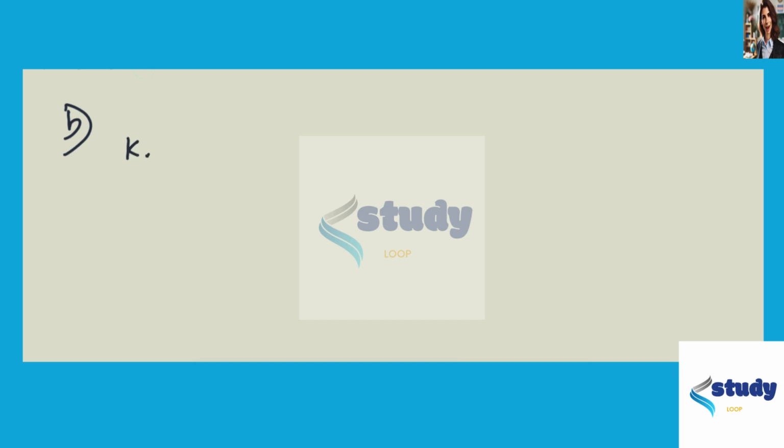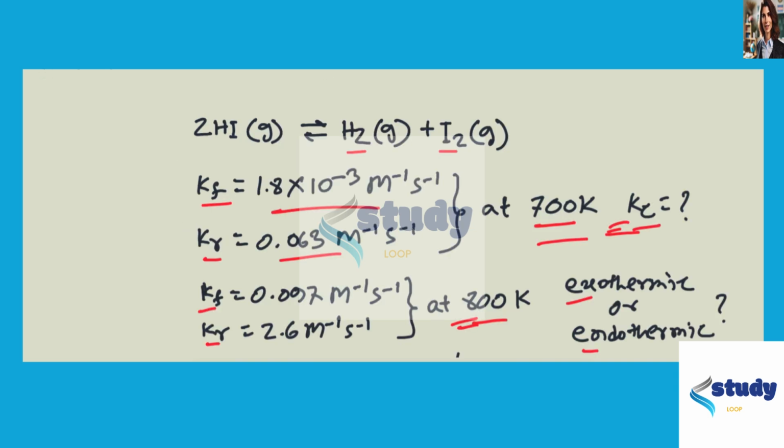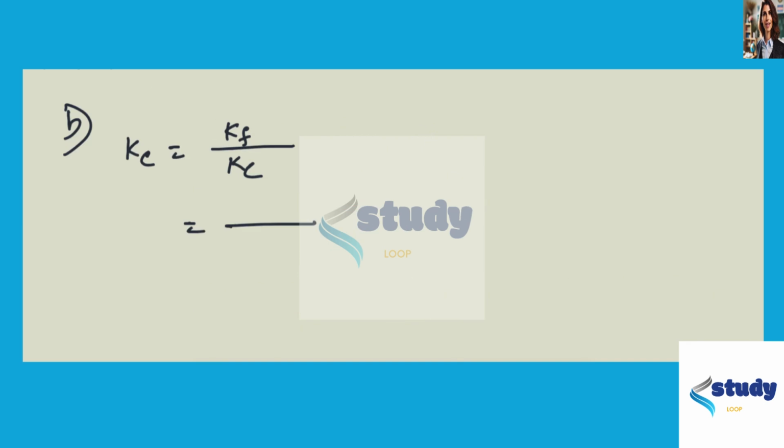So the Kc value at 800 K again will be Kf over Kr. The Kf value at 800 K is 0.097, and the value of Kr is 2.6, and this will give us a value of 0.037.